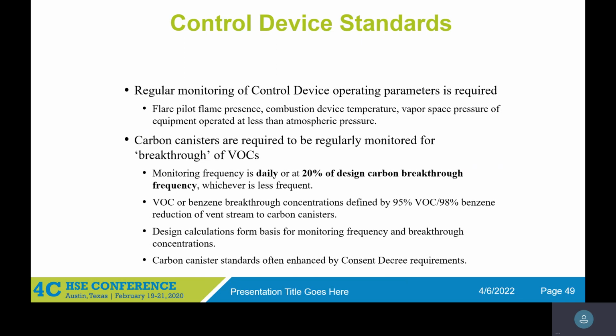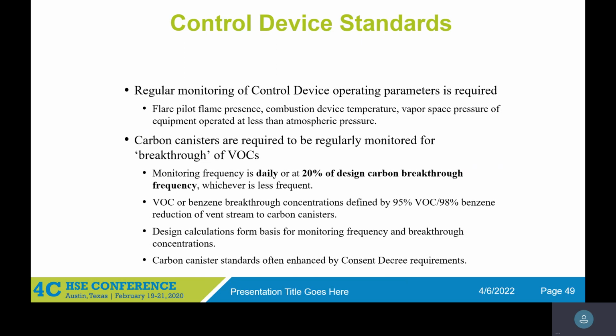So when you set up your BWON program, there is such a thing as lifetime equipment records. For example, your design documentation, you want to make sure it's in a file for the life of that equipment, showing how often you have to change the carbon and what the parameters were when you got it, because when you get audited, they'll ask for those documents and all the tests you have to do for that type of equipment.